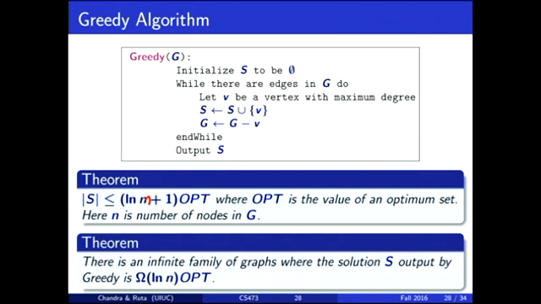Yeah, by construction it outputs a feasible solution, because when it adds a vertex, it covers all the edges incident to it and removes them, so it won't stop till all the edges are covered. So those two properties are simple, right? Now the only question is how good is this algorithm. You can prove, and we'll prove it later in a more general context, that the value of the set it returns is no more than log of the number of edges plus 1 times opt.